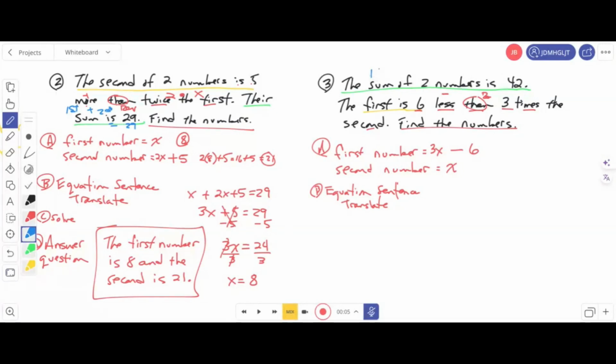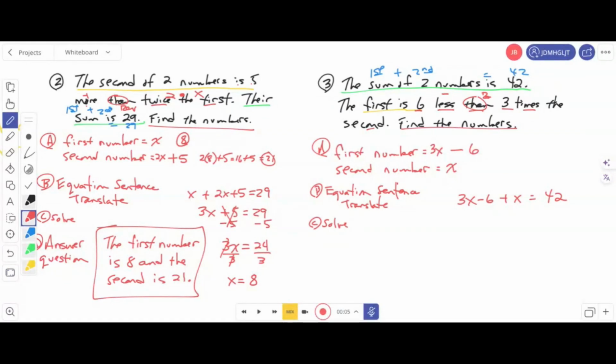Sum of two numbers, first number plus second number is 42. The first number is 3x minus 6 plus the second number is x, and it is equal to 42. Now we solve.